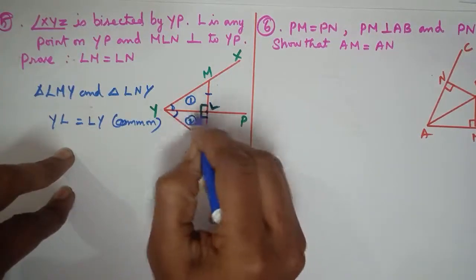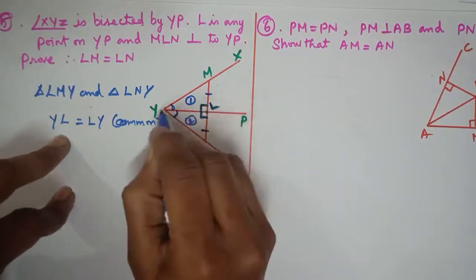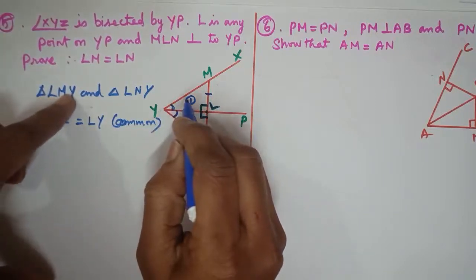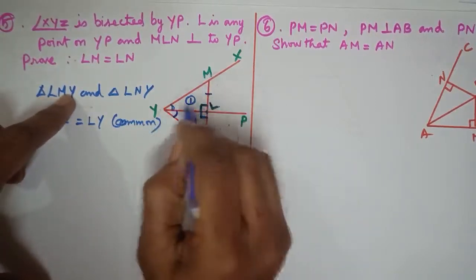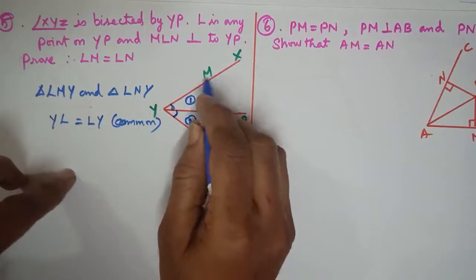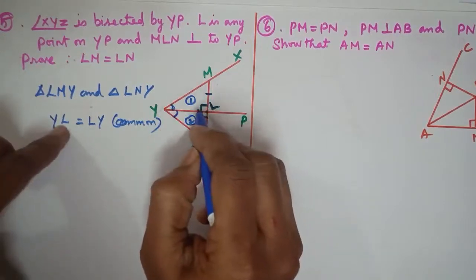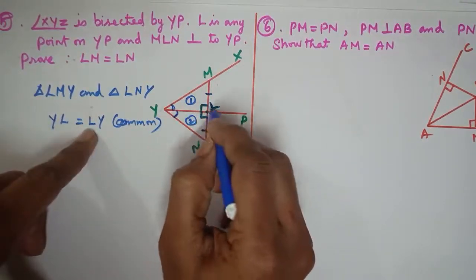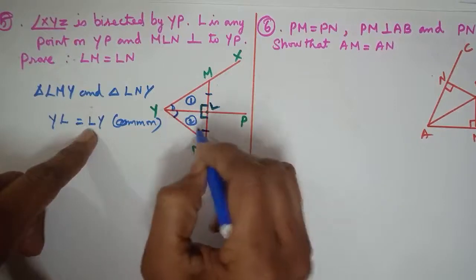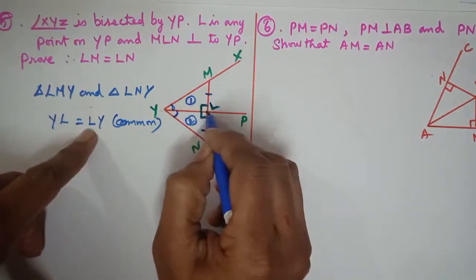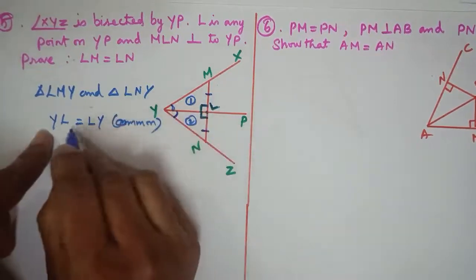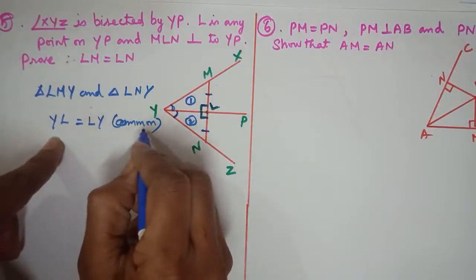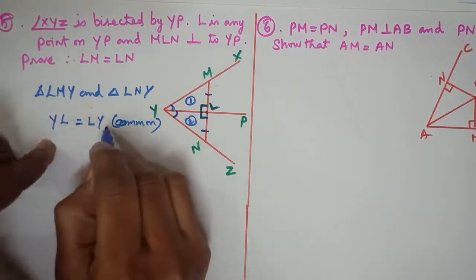For this triangle this is the common side, and for this triangle this is also the common side. For triangle LMY the sides are LM, MY, YL, and for LNY the sides are LN, NY, YL. So these two sides are equal because it is a common side. Is it clear? YL is equal to LY.